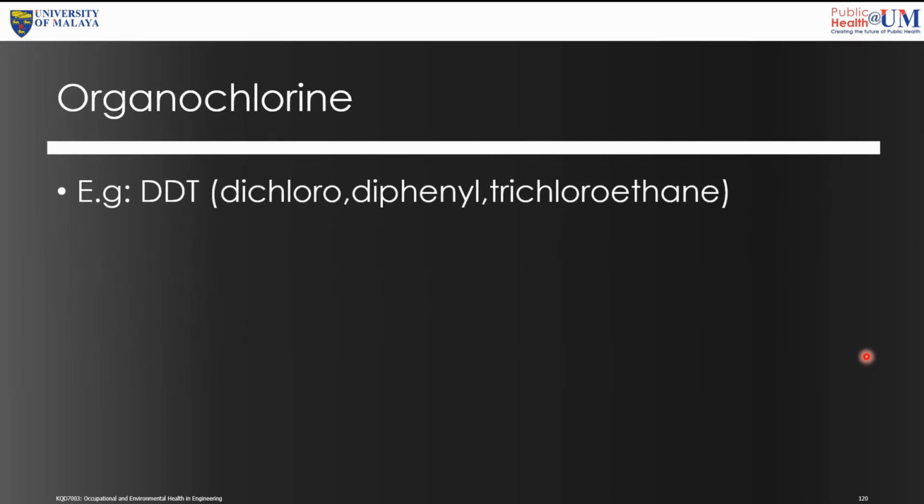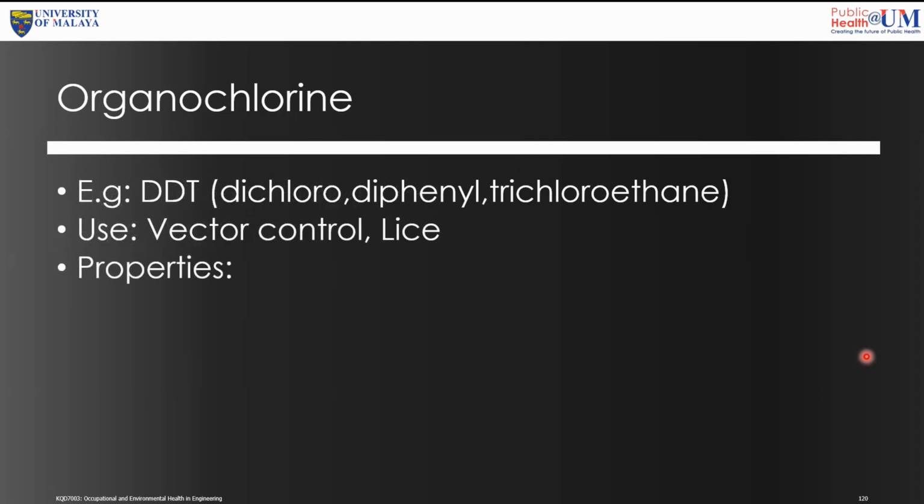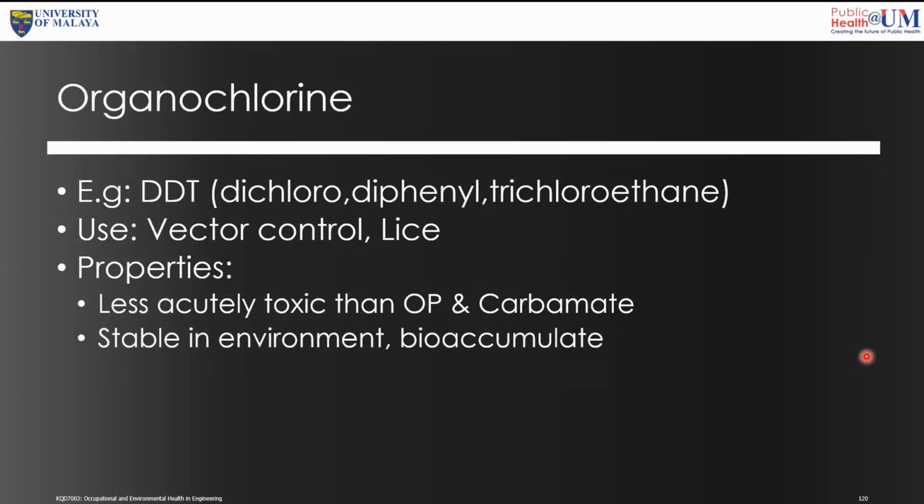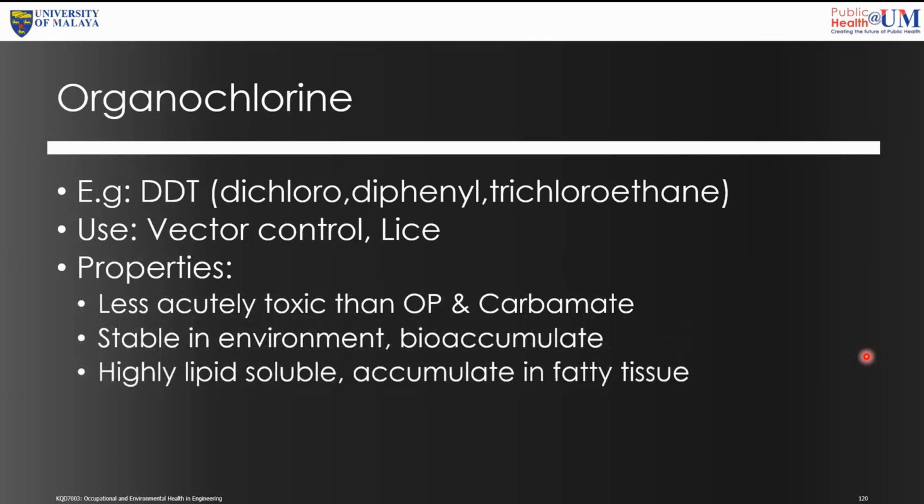Organochlorine is another chemical. An organochlorine example is DDT. Anybody remember what DDT is? DDT is dichloro-diphenyl-trichloroethane. What is it used for? Basically, it's a pesticide used to control pests, but what we use DDT for in the healthcare industry is surface spraying.